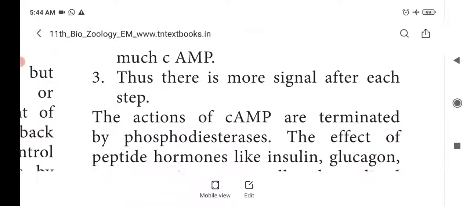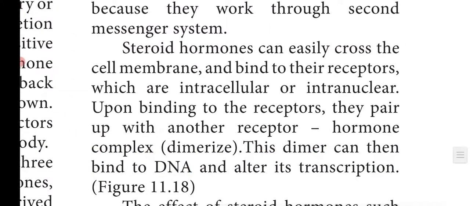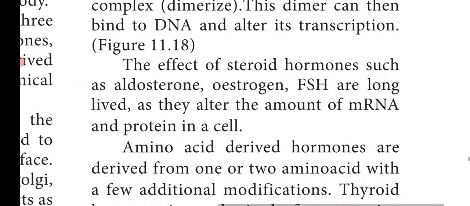Next is steroid hormones. They can easily cross the cell membrane and they bind to the receptors which are intracellular or intranuclear. Upon binding to the receptors, they pair with another receptor hormone complex, that is a dimer. This dimer can then bind to the DNA and alter its transcription.